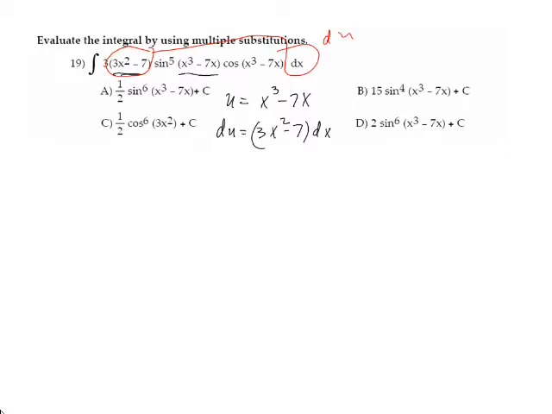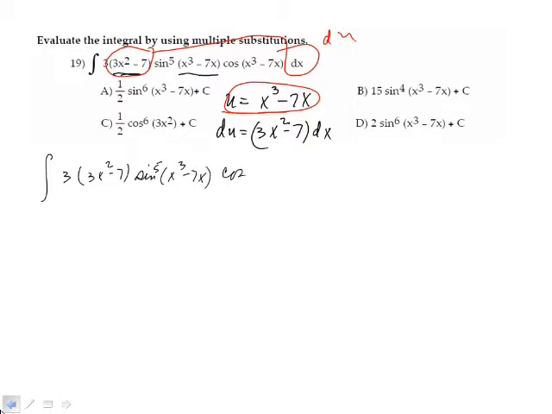And then everywhere we see an x cubed minus 7x, we'll replace that with u. So doing the substitution, we get the integral of 3 times 3x squared minus 7 times sine to the 5th of x cubed minus 7x times cosine of x cubed minus 7x dx.